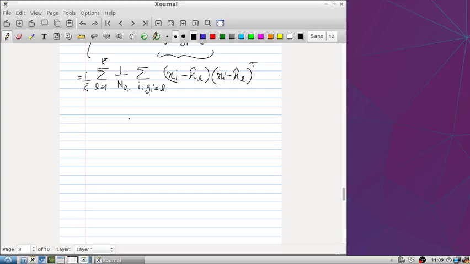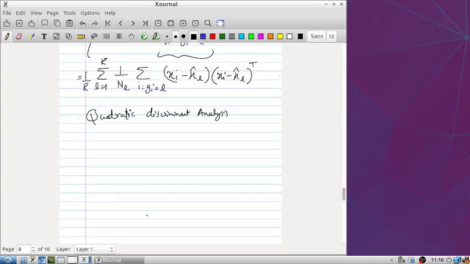The next model, a related model, is something called QDA, quadratic discriminant analysis, and it's basically the same.